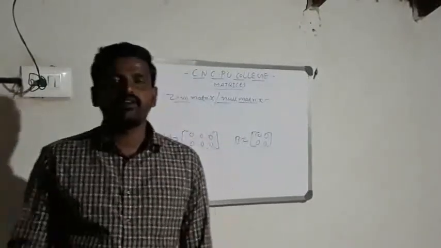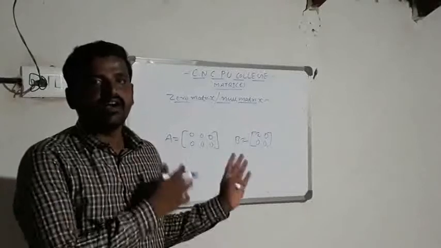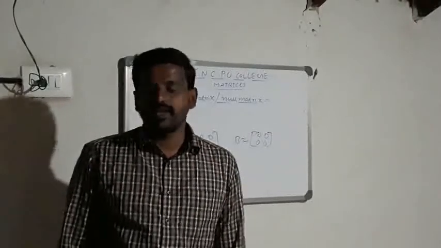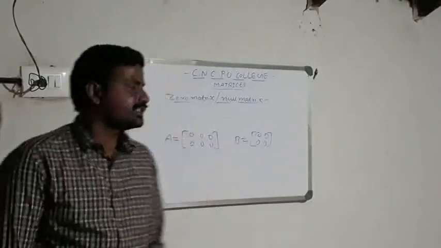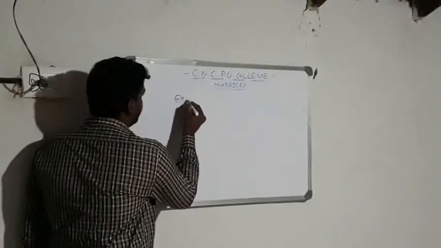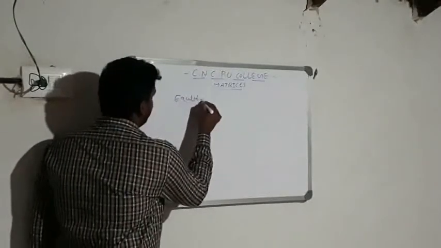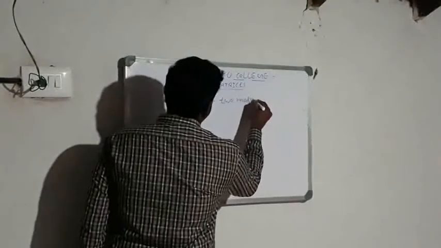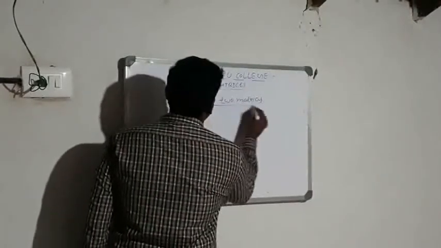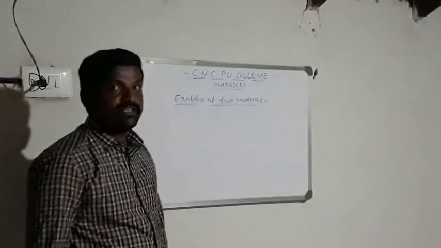This is the definition of a matrix, order of a matrix and also the types of matrices. Okay. Next we have to see the equality of two matrices. Matrices means plural.